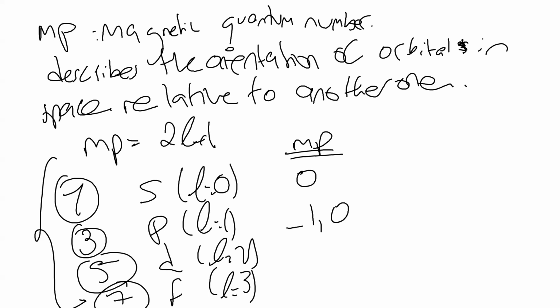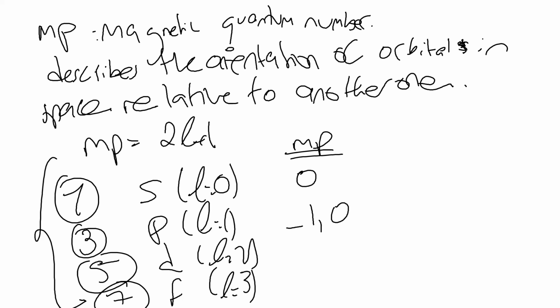Why? Because 2l plus 1. So 2 times 0 equals 0, plus 1. For l equals 1, 2 times 1 is 2, 2 plus 1 is 3. So 2l plus 1 gives the number of ml values. Yeah, exactly.